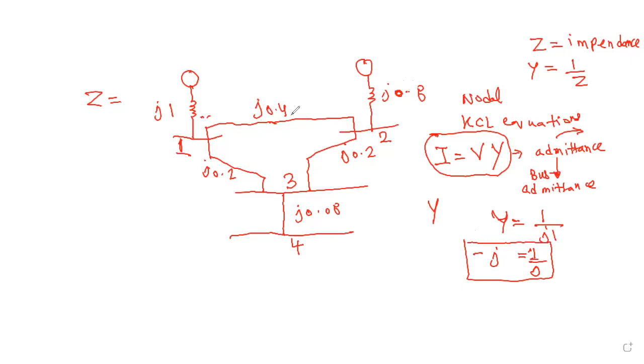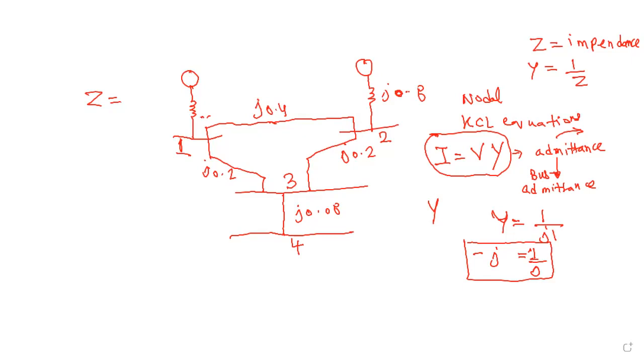If I have to write this J1 in terms of Y, what value would I write for that? It would be minus J. Yes, precisely, the value would be minus J.